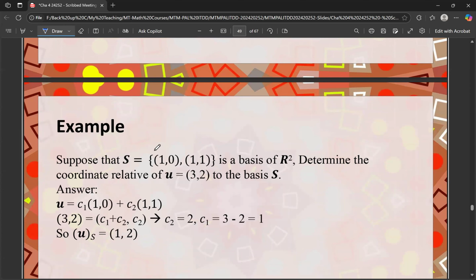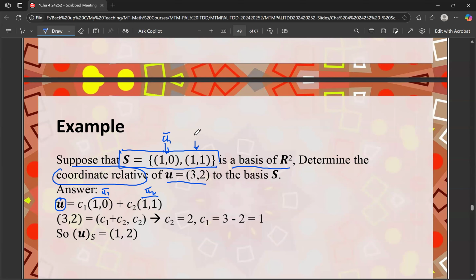Look at this example. We already know this set is a basis of R2, and now we take a vector u in R2 and want to find the coordinates of u. These are the basis vectors, u1 and u2.